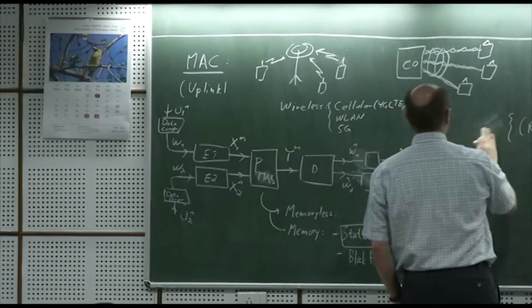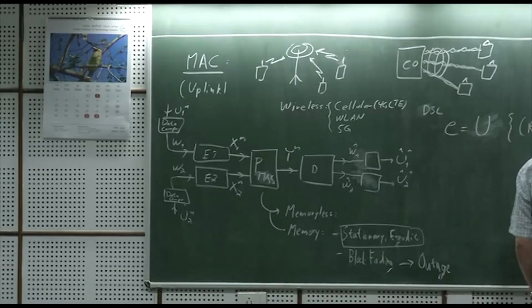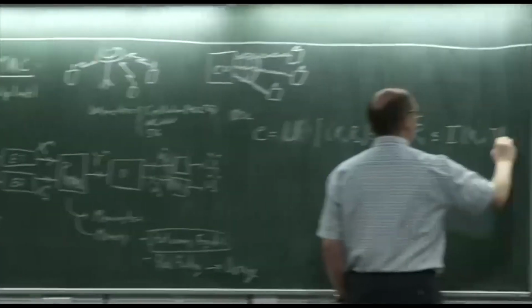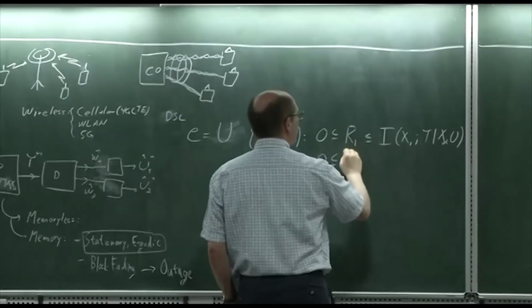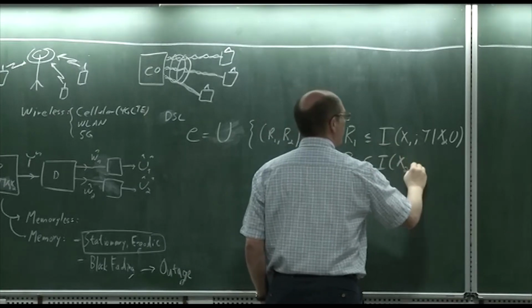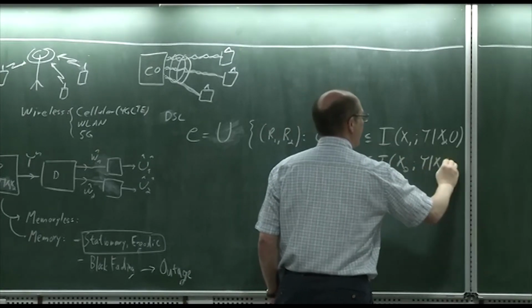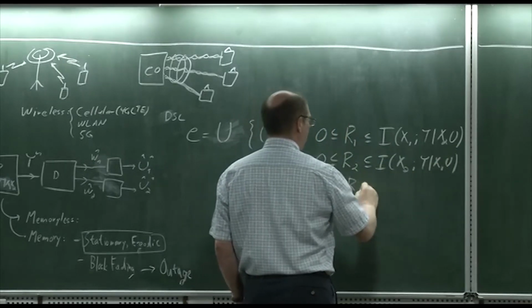Oops, I should have a union still. I'll talk about the union in a moment, of I(X1; Y | X2, U), where U will be an auxiliary variable, but here it's very easy to understand what the role of this auxiliary variable is. It's just time sharing.